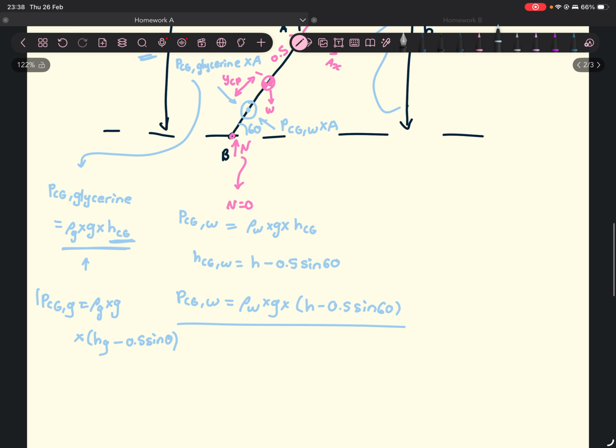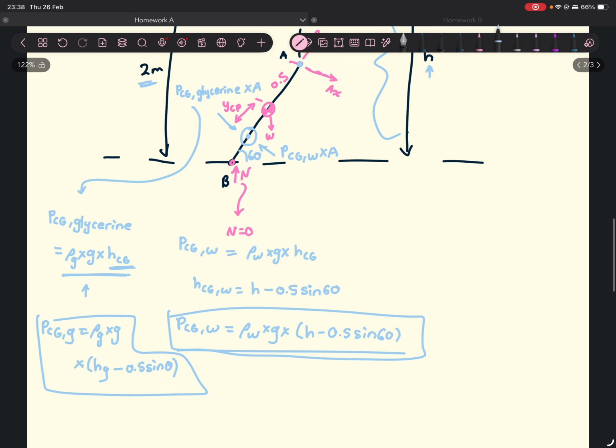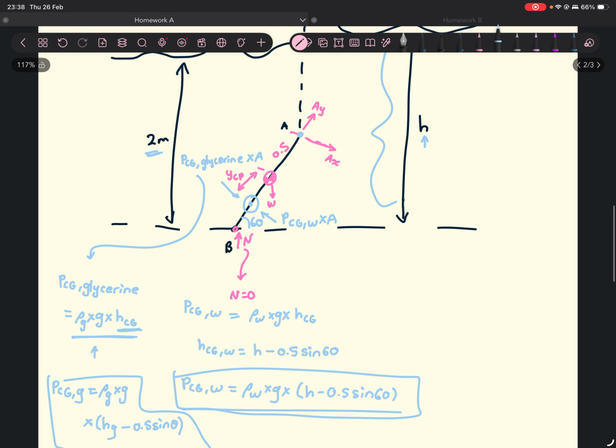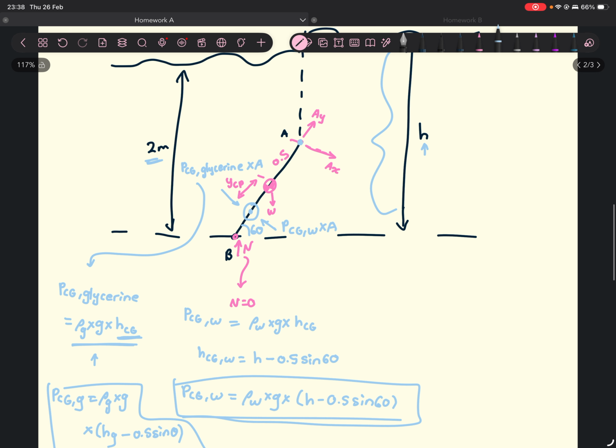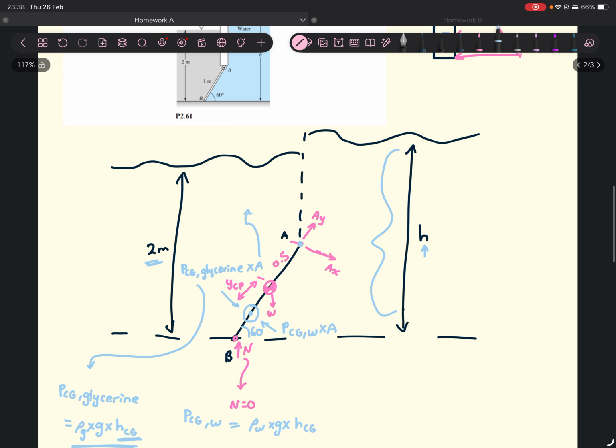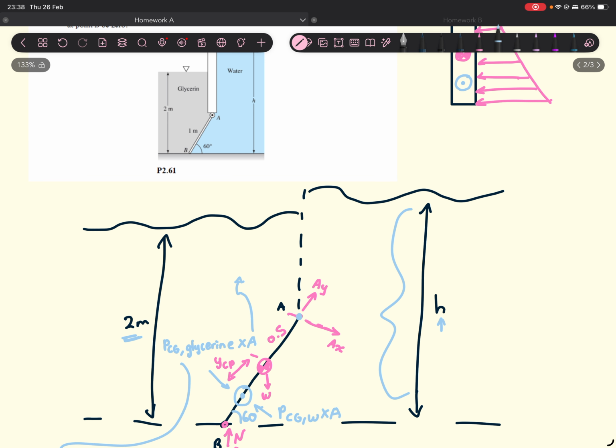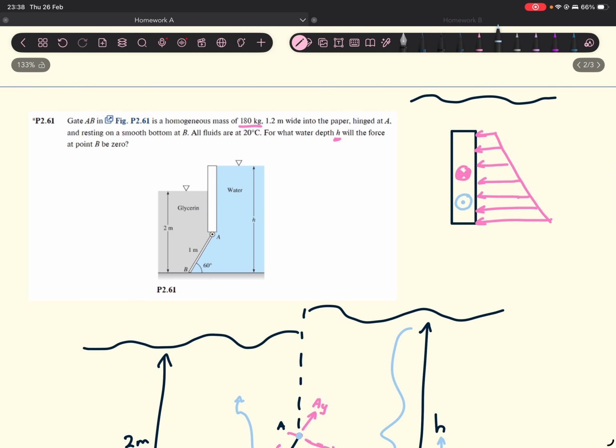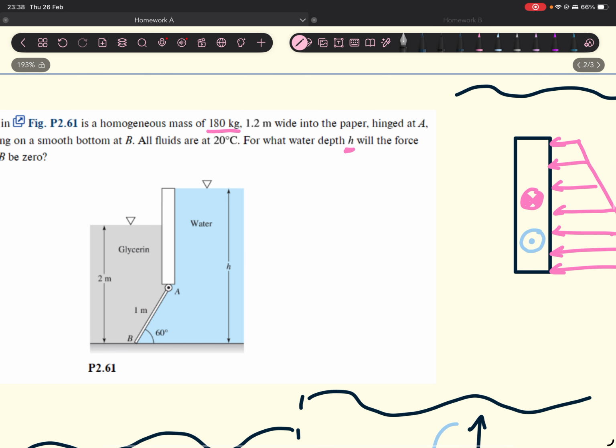Yeah, so we got a nice equation for the two pressures. Okay. And then the area that we're looking for is basically the area that the fluid is in contact with. So they give us the dimension into the page, which is 1.2. So if you were to draw this in 3D, it would kind of look like this, right?